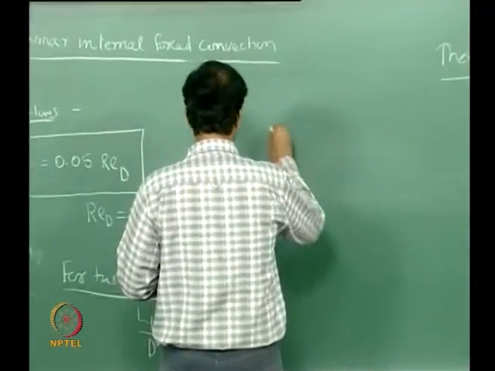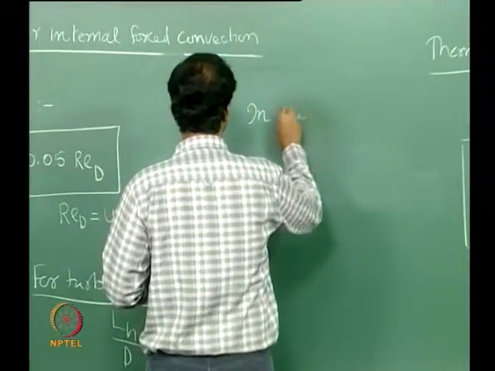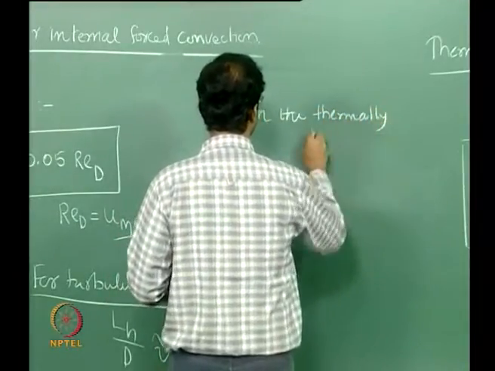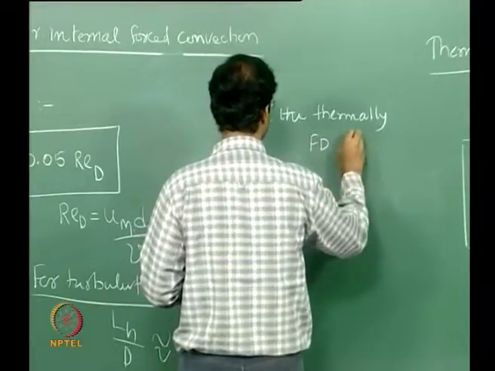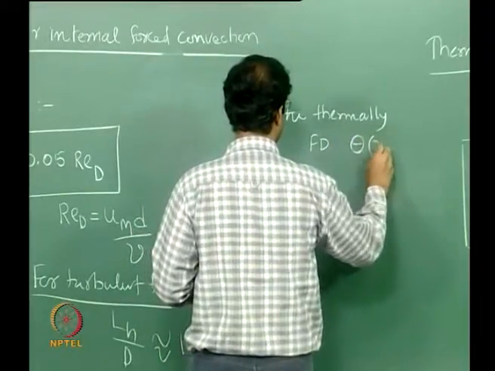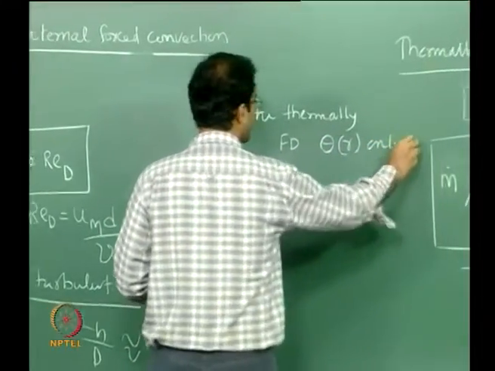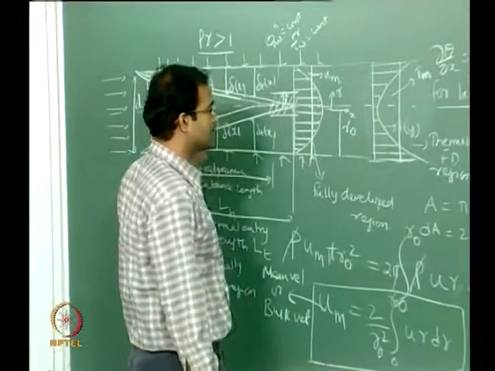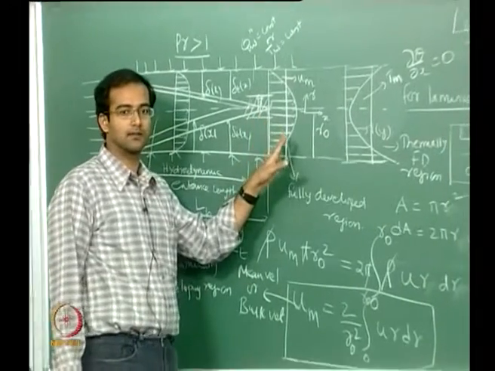So in the thermally fully developed region, my theta is a function of r only, whereas in the thermally developing region, the thermal entrance length region, my theta is a function of both x and r.